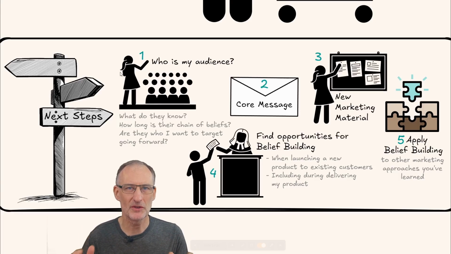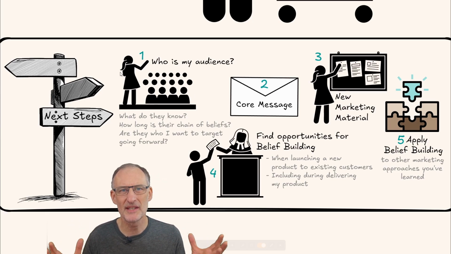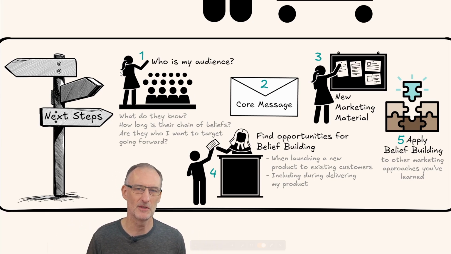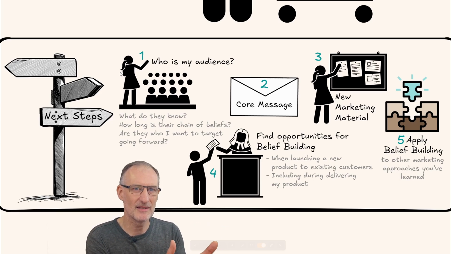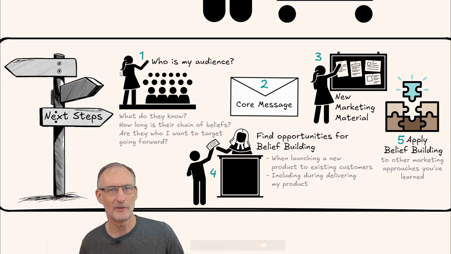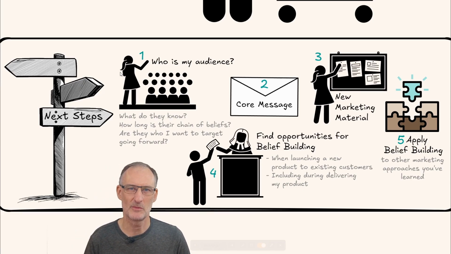First, understand who your audience is and understand what they already know. And also think about, is this the audience you want going forward? One of the points that Billy makes is that with a topic-based approach, you attract freebie seekers, and they are maybe not the type of customers you want long-term.